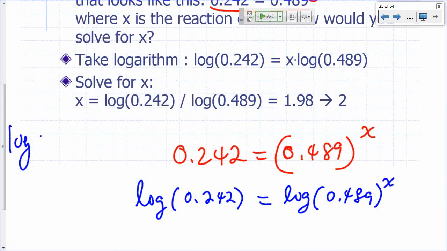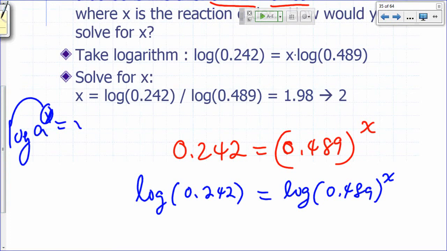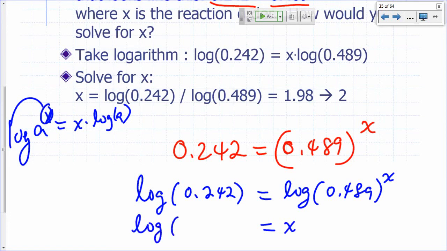Okay, review of logarithm. Log of a to the x is equal to what? I can move my x to the front. It's going to be equal to x times log of a. So I can say log of 0.242 equals x times log of 0.489.